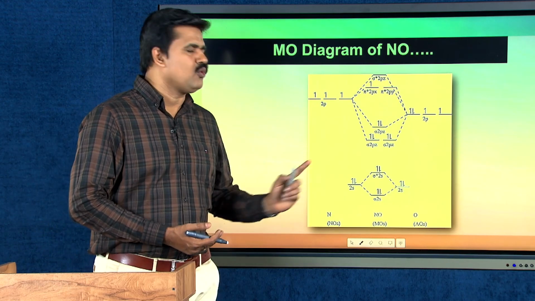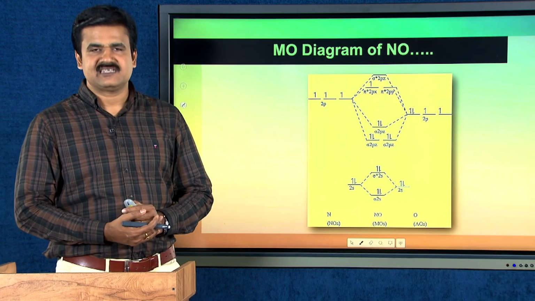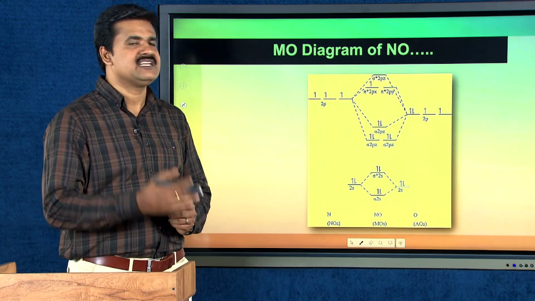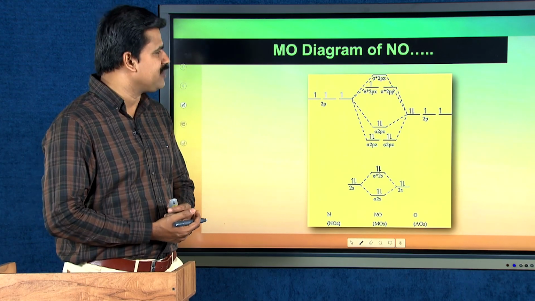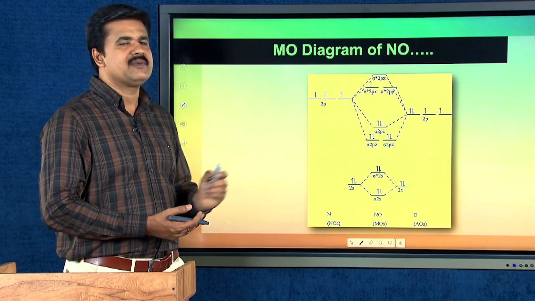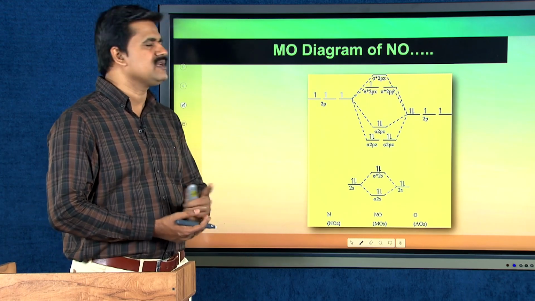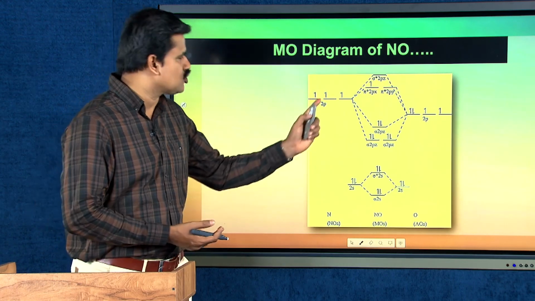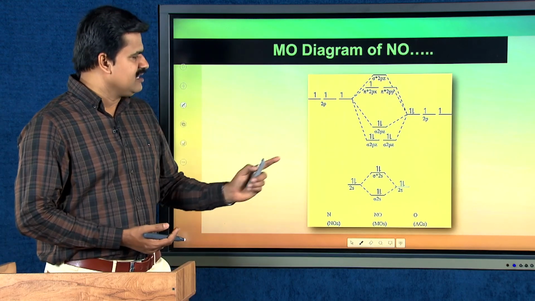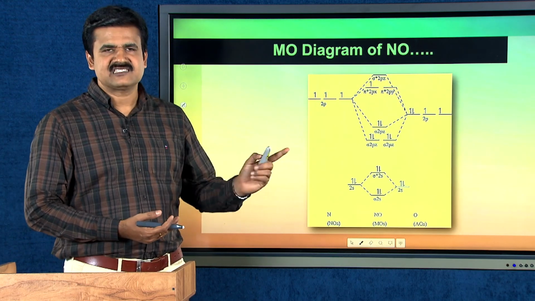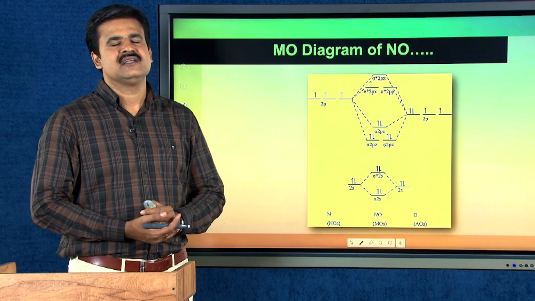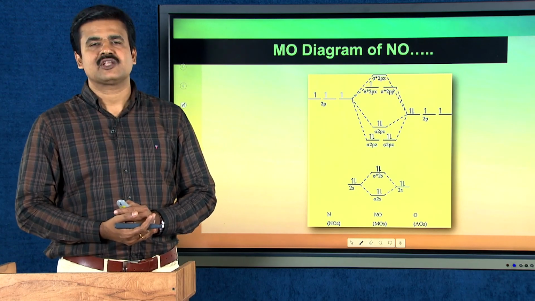Similarly, for the oxygen atom, shown on the right hand side, the outer shell electronic arrangement is 2s2 2p4. So, we have to accommodate these electrons, and the molecular orbitals of the NO molecule are shown in the middle portion, with the electrons filling in this arrangement. So, this simply depicts the MO diagram of the nitric oxide molecule.